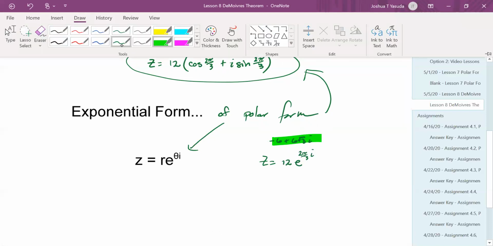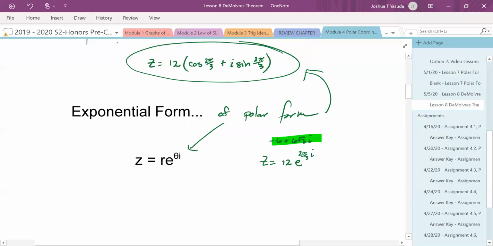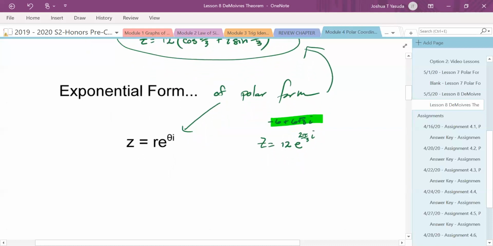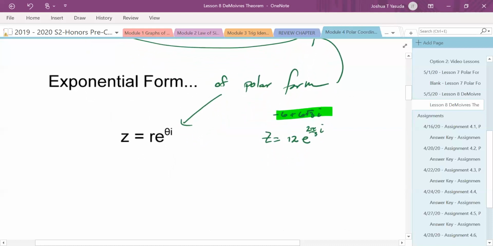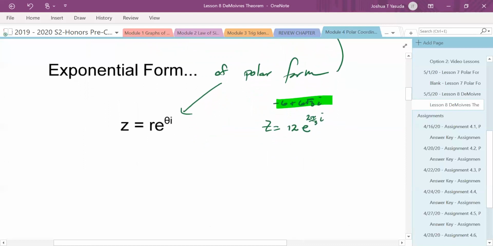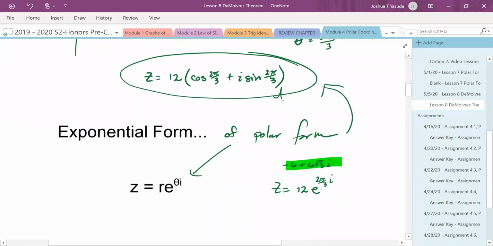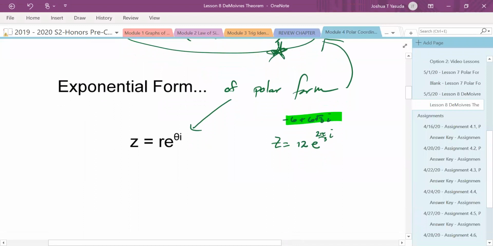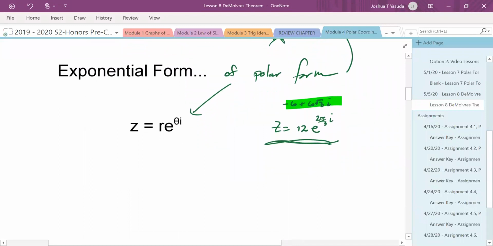It's just another way, and it gets used quite a bit in algebraic settings, like we'll do today, because the math is significantly easier than with this form. This form is fine, and there's nothing wrong with it. It just can make math a little more tedious. When you're using the exponential form, you can use properties of exponents, which we're going to do, and it makes life significantly easier, and you're not having to memorize new forms and formulas and theorems. You just are like, well, I know properties of exponents.